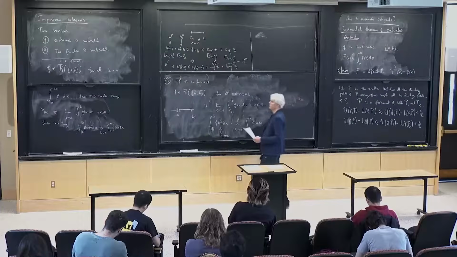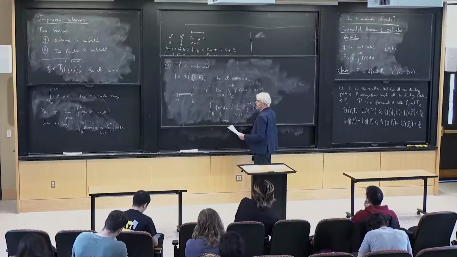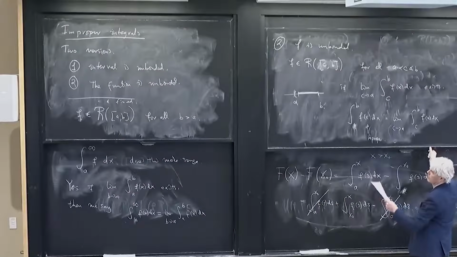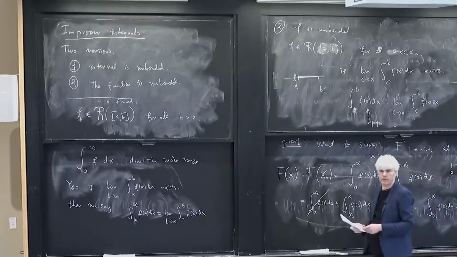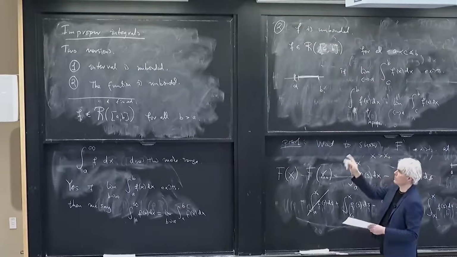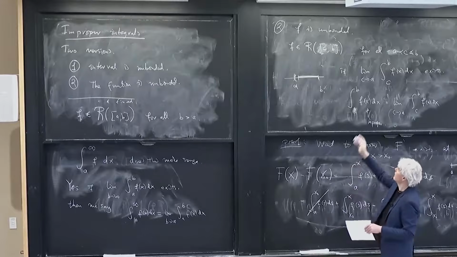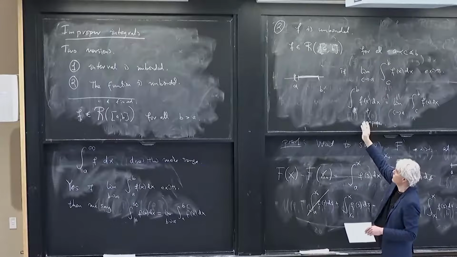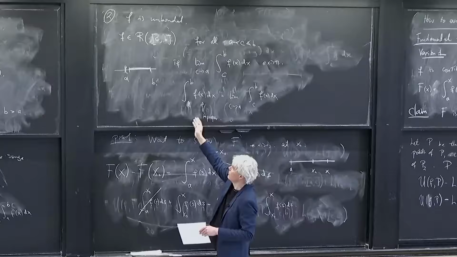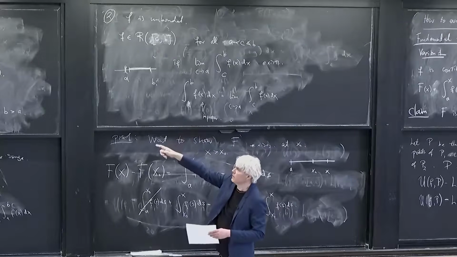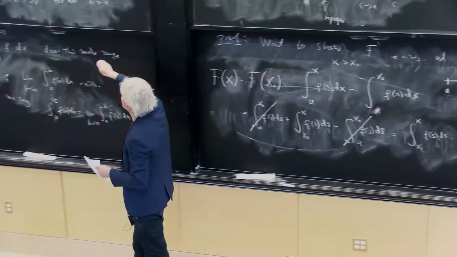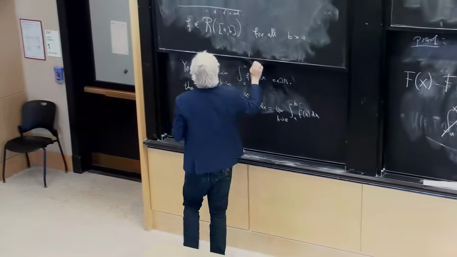Again, there are these two versions, where the interval is unbounded, or the function is unbounded. Of course, there are all kinds of variations of this. Here I looked at where the function was unbounded to the left, but you could do the same to the right.